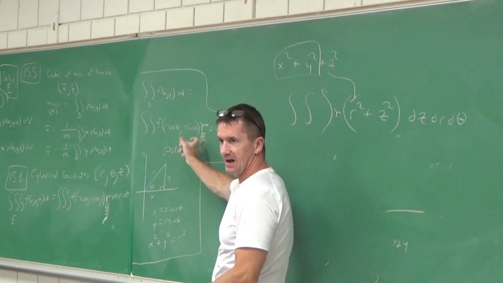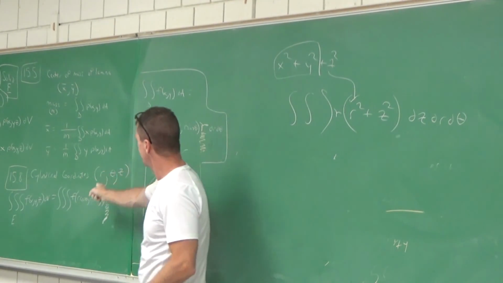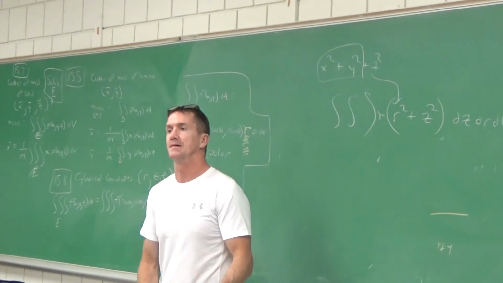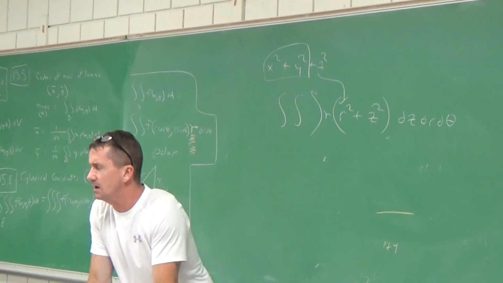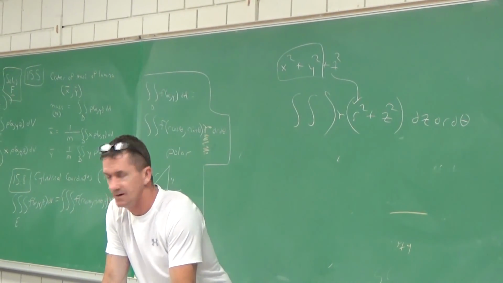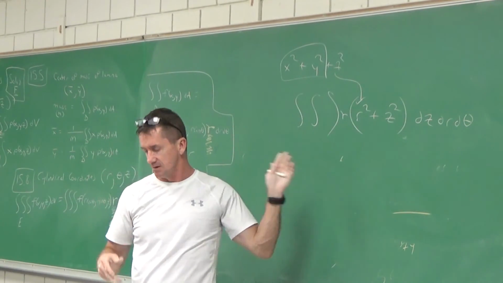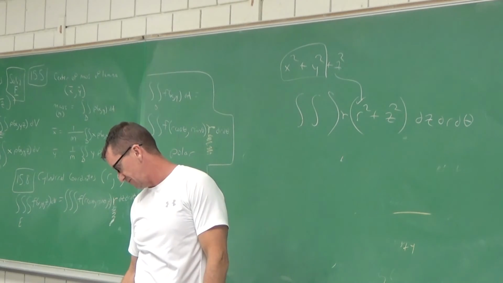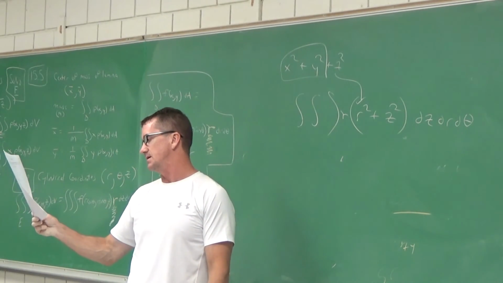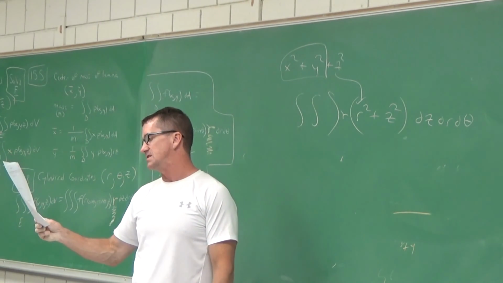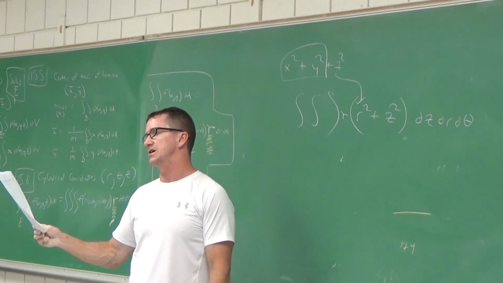I'm always trying to hit on that, because you can imagine how many times that happens on the test. The student's like, oh, I can't believe I forgot, right? This was like number 18. They said between the planes z equals 0 and z equals 2.